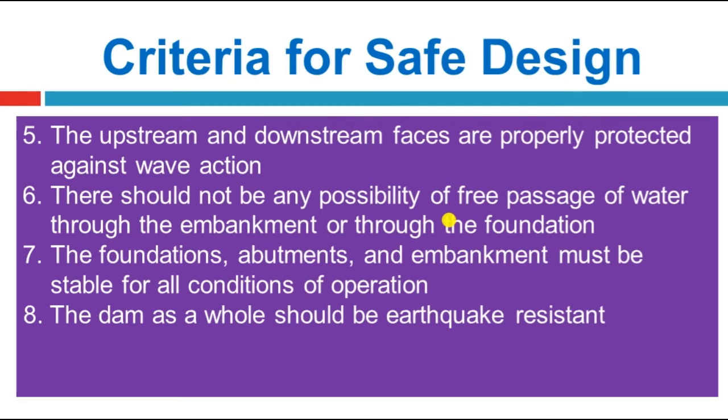Mainly the upstream and downstream faces are properly protected against wave action, like slope protection. There should not be any possibility of free passage of water through the embankment or through the foundation. So we minimize seepage possibility and protect our embankment.